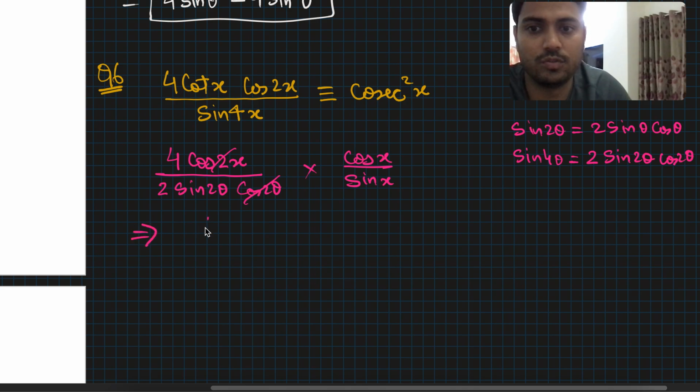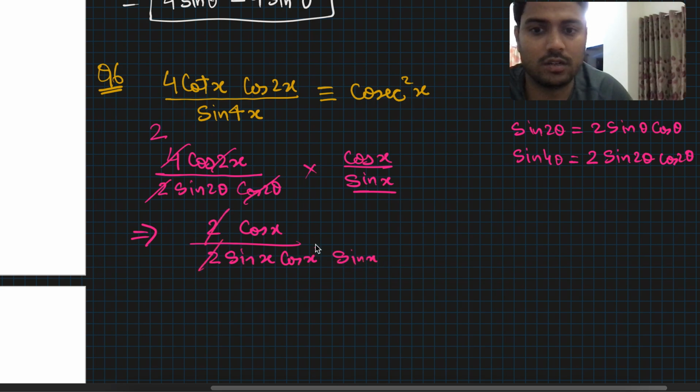So this is going to be 4, and then cos x upon 2 ones are 2, 2 twos are 4, so just write down 2, and then sin 2 theta is 2 sin theta cos theta, 2 sin x cos x, and we also have this sin x in the denominator, so sin x.